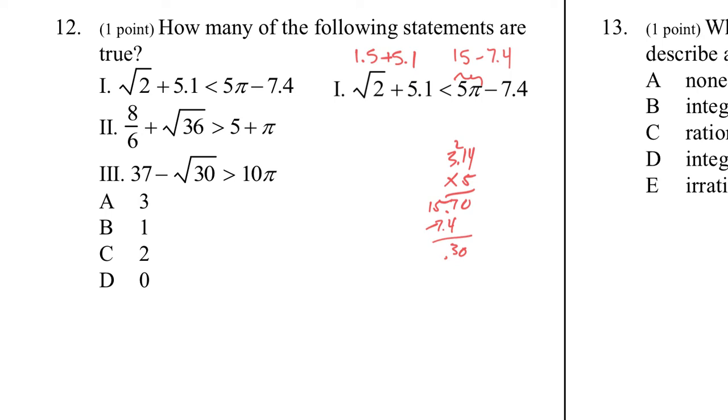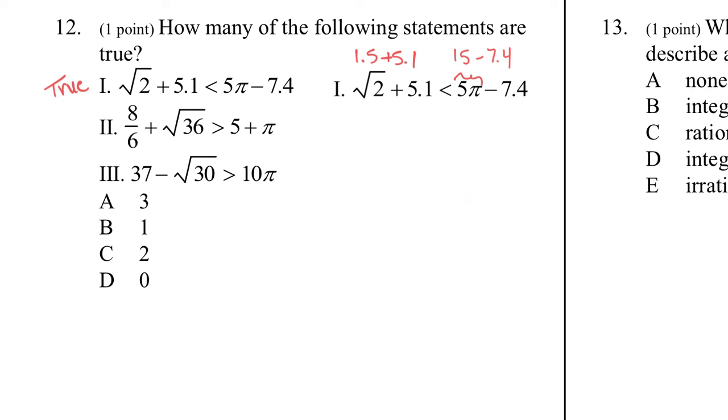It's silly. 15 minus 7 is 8. It's 8.30. So yeah, that's true. And I even overestimated that. Anyway, go ahead.